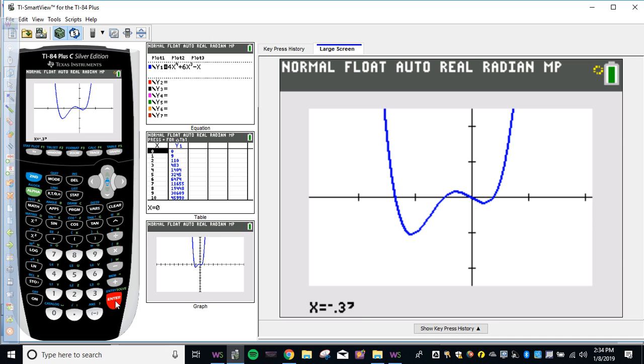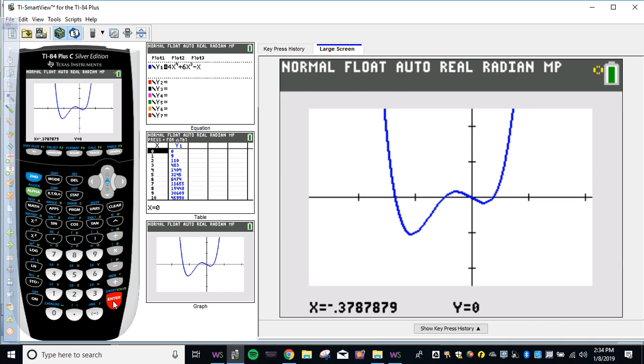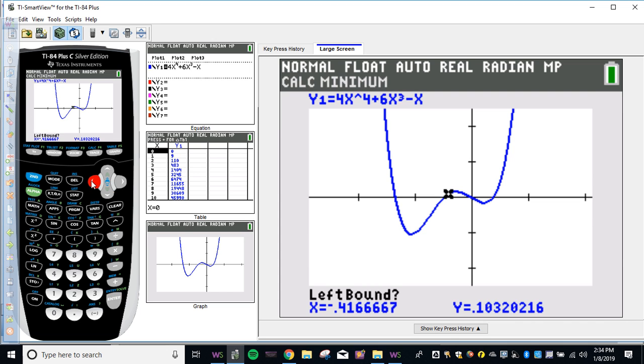So we're going to go second trace minimum for the first one. So I can either arrow down to number 3 or just hit 3. And then I'm going to move my cursor over to the left side of that minimum. And the right side of the minimum. And my cursor disappeared. Oh, the calculator froze.